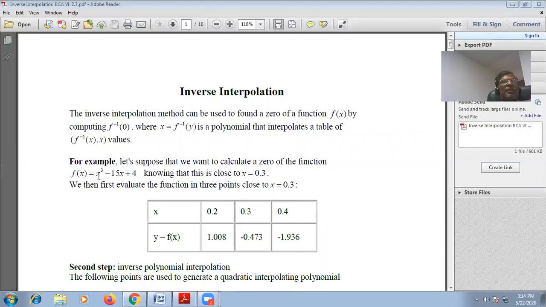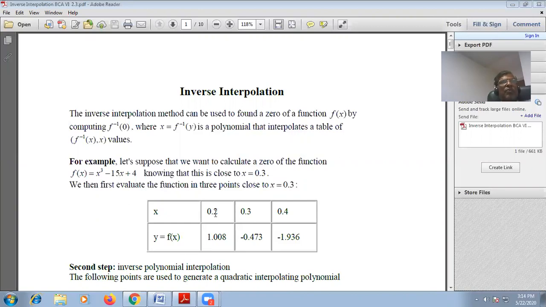Zero of the function means the value which is going to make this term equal to 0. Knowing that this is close to x is equal to 0.3, if you put here x is equal to 0.3, it is possible that you can get a result like this.